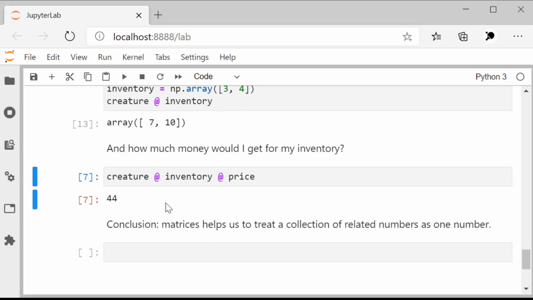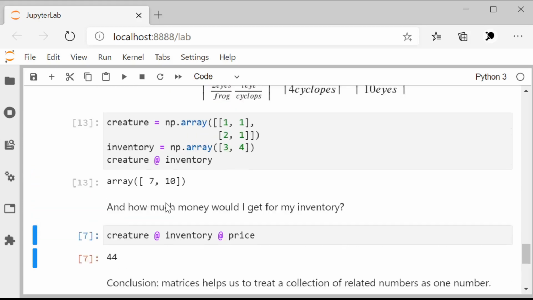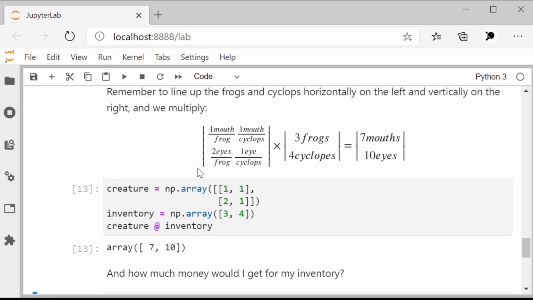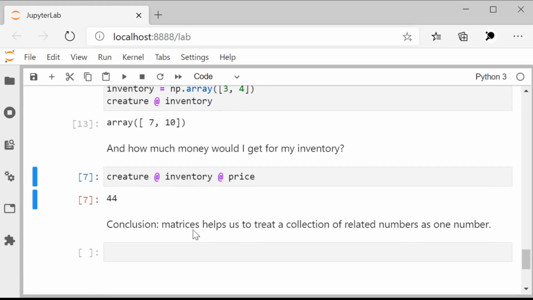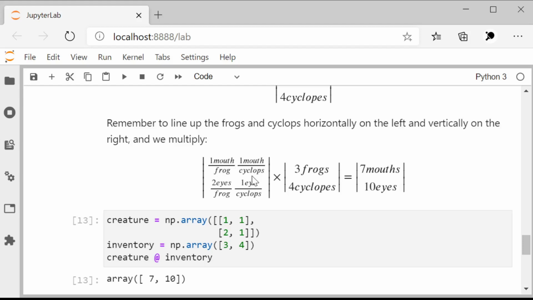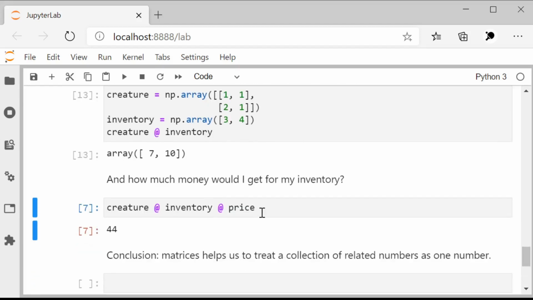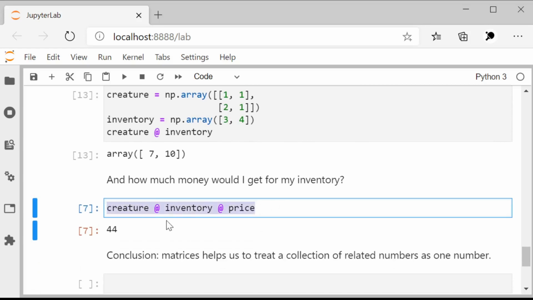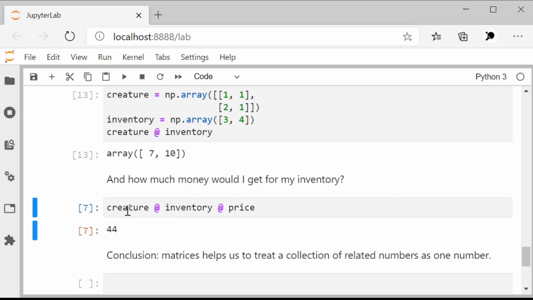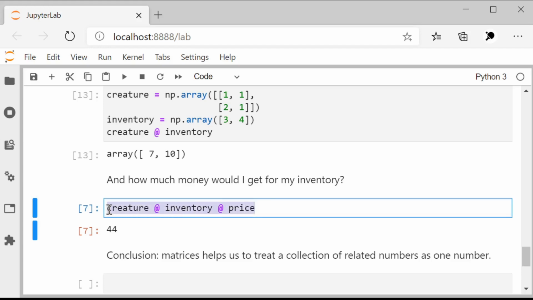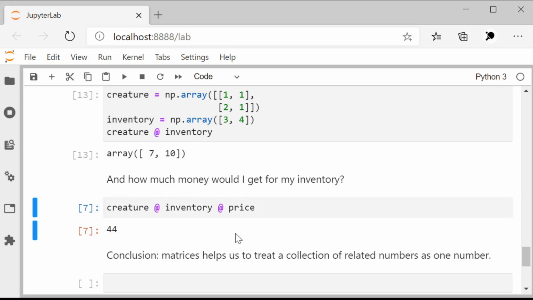So this video is just trying to show you that you can use matrices like ordinary numbers, and all you gotta do is set them up and combine them in the right way so that you can solve more complicated problems with matrices by just doing ordinary mathematical operations.